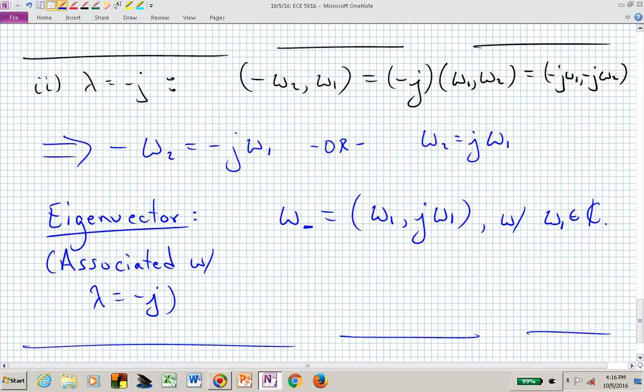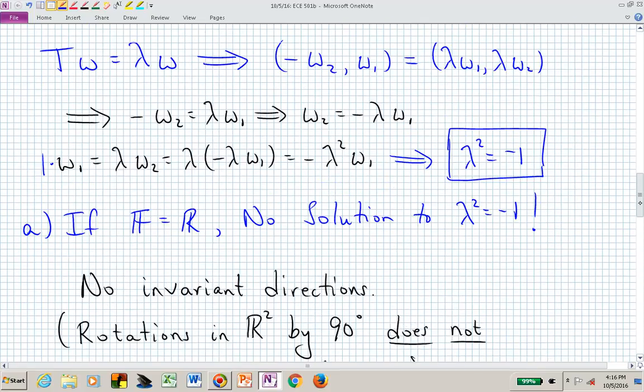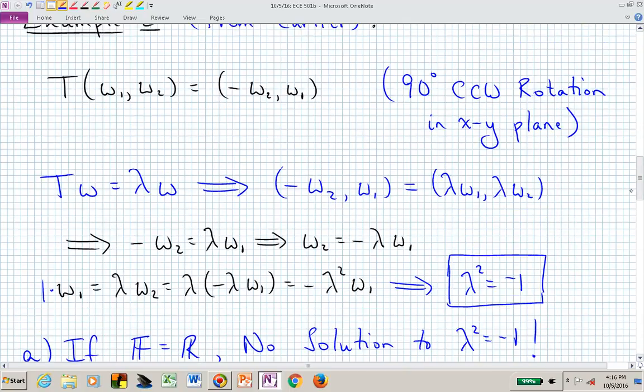The only way that we were able to find eigenvalues and eigenvectors for this linear map that started as a 90-degree counterclockwise rotation, if we just looked at it as operating on a point in the xy plane, was because it didn't have a real eigenvalue, and so it didn't have any eigenvectors.